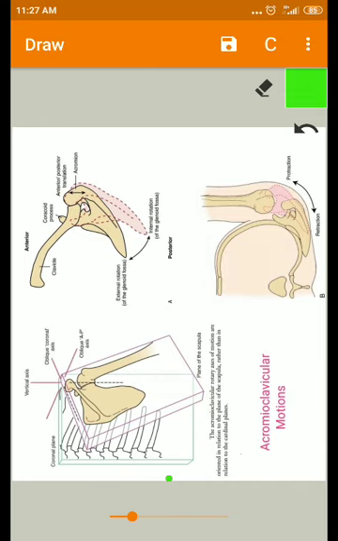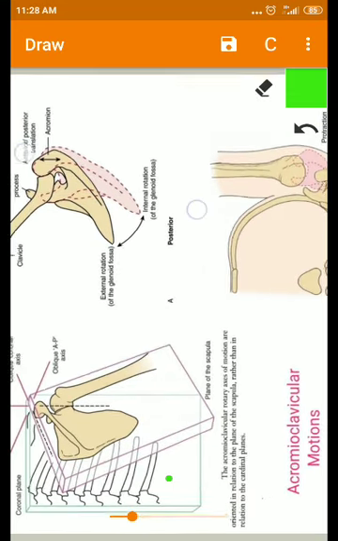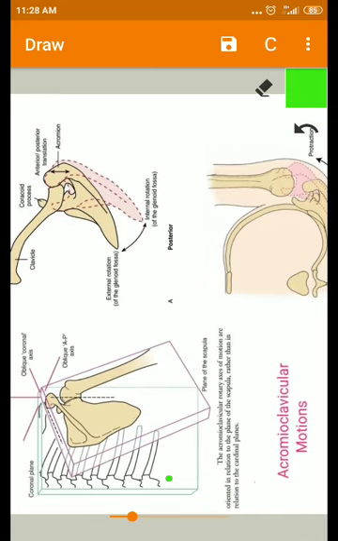So during protraction and retraction, anterior and posterior translation occurs. During protraction it causes anterior translation, and during retraction it causes posterior translation.